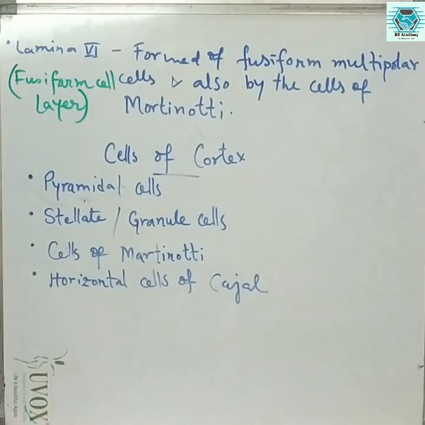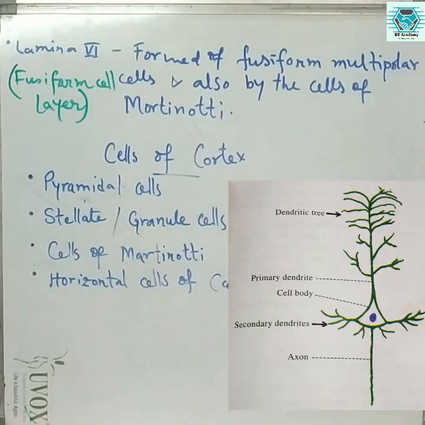These neurons have a pyramidal body, and the cells look pyramid shaped. You can see in the diagram the cell structure. These are present mainly in lamina 3 and 5. As I already discussed, lamina 3 is outer pyramidal cell layer and lamina 5 is inner pyramidal layer.